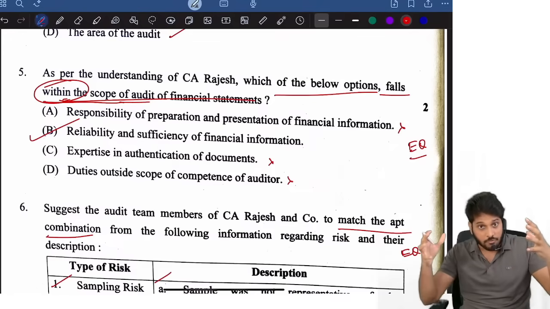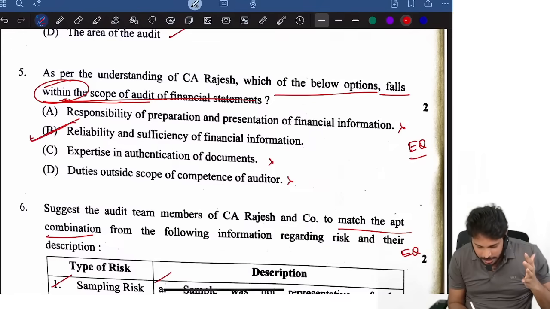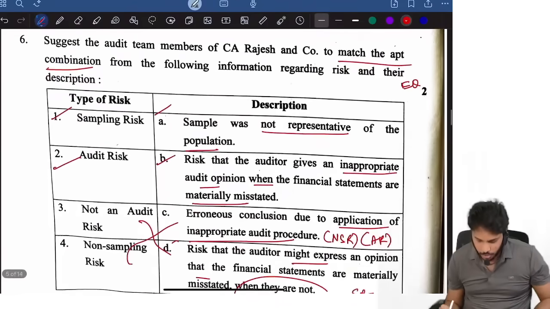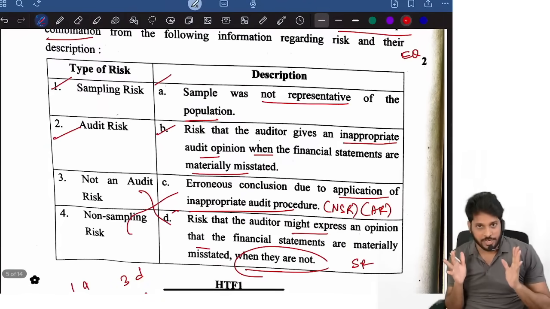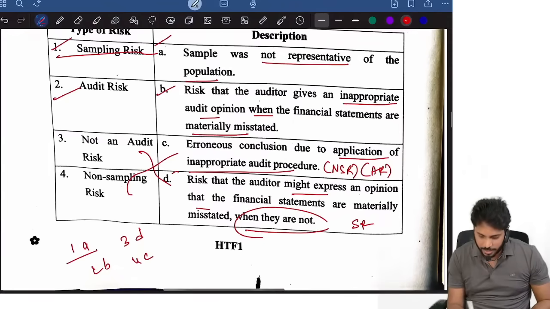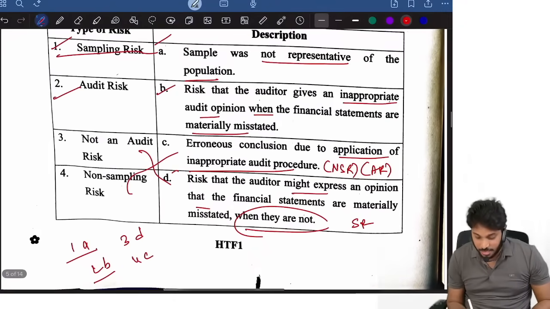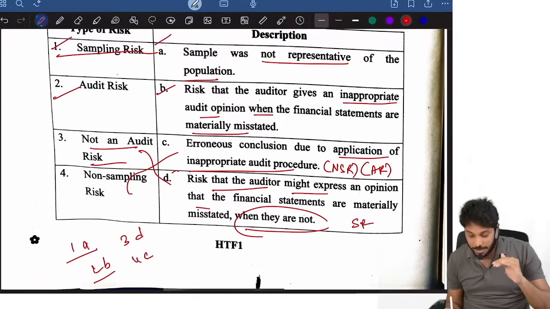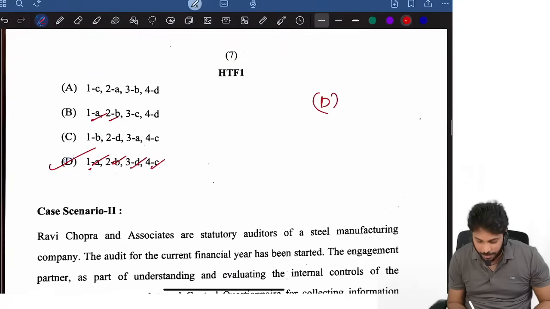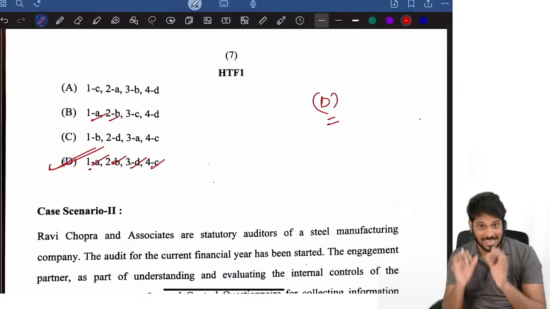Reliability and sufficiency of information. The answer is B. For the sixth question, they gave a mapping you need to do. For the first one, the answer is A. You see 1A, 2B. For 3, non-audit risk means the risk that the auditor might express an opinion when they're not. So that is non-audit risk. 3D and 4C. Accordingly, 1A, 2B, 3D, 4C means option is D.